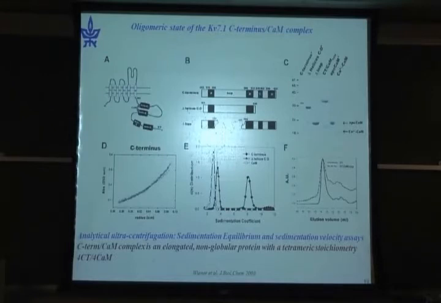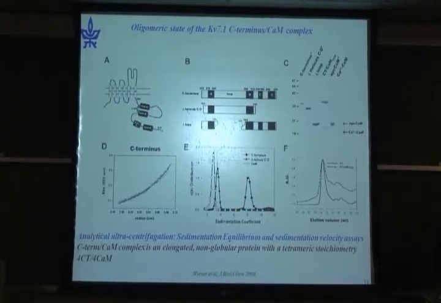We also wanted to know the oligomeric state of coiled-coil helix C and helix D. So we used heavy tools, but very precise ones: analytical ultracentrifugation, both sedimentation equilibrium and sedimentation velocity experiments, which are much more precise than size exclusion chromatography, to analyze this oligomeric state.